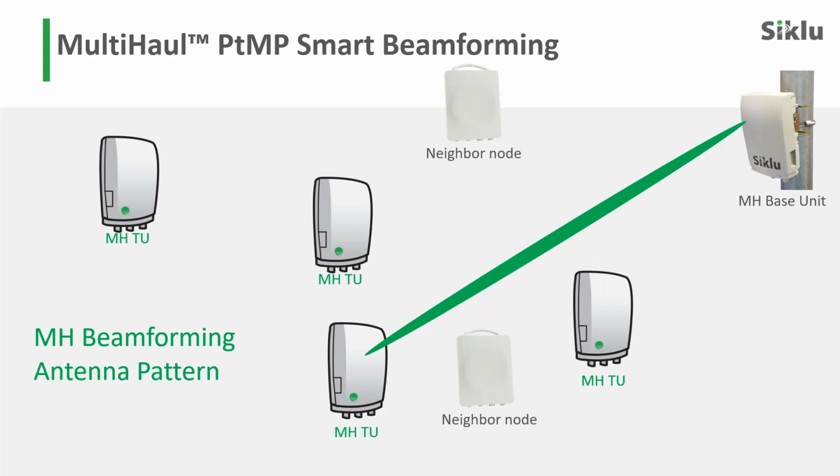Base unit is normally aligned toward the center of the sector, and the beams will be created electronically by the base unit toward the terminal units at the speed of the electronics, so basically instantaneously. And the terminal unit will do the same. It will find where the base unit is located and will start aligning its own beam again with something which doesn't even take a second.